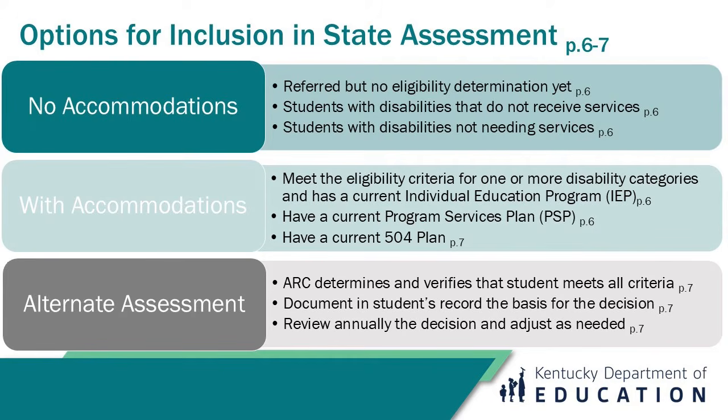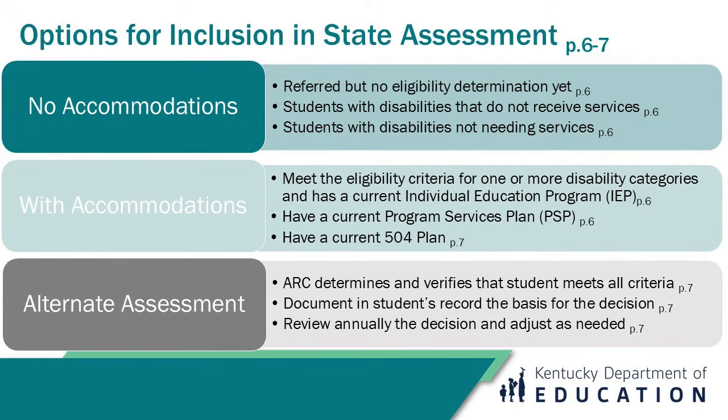They are with no accommodations, which means an accommodation is not needed or the student is not eligible at the time of testing. Those with accommodations mean that the ARC or IEP team have met and developed the annual plan to include those accommodation types permitted for the student to utilize on the state assessment. The last option is alternate assessment, which means even with access to the necessary accommodations, the student is still unable to access the general curriculum in a manner equivalent to their peers.